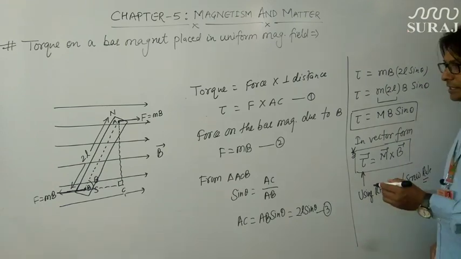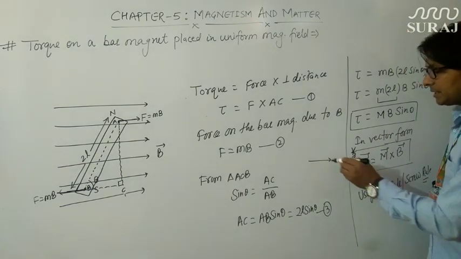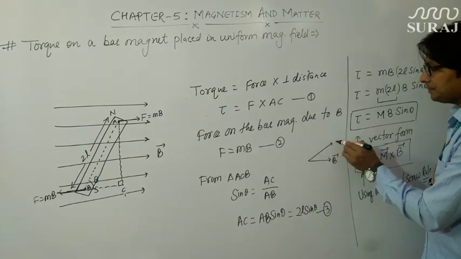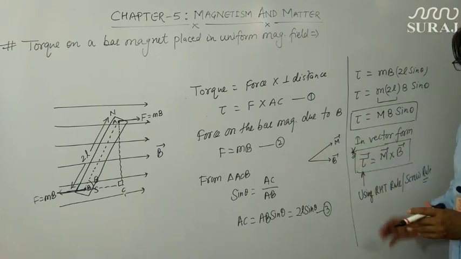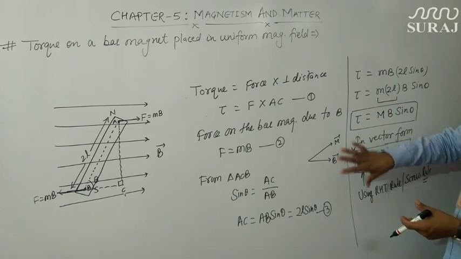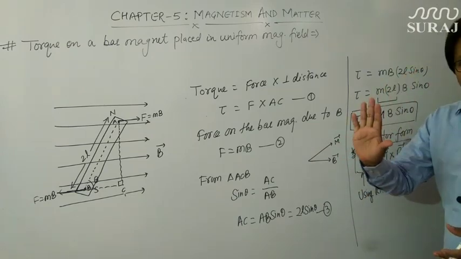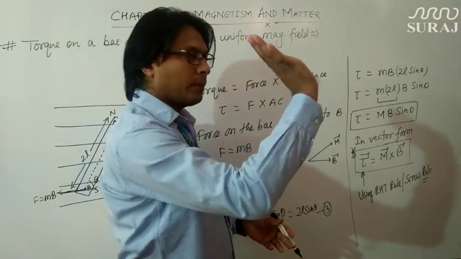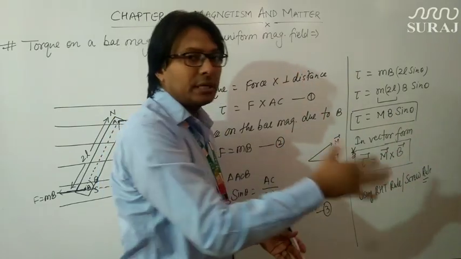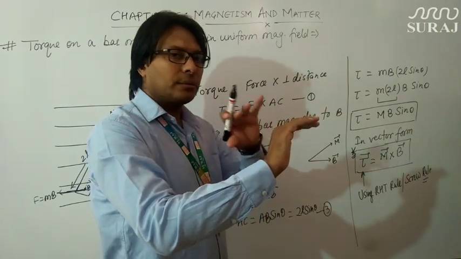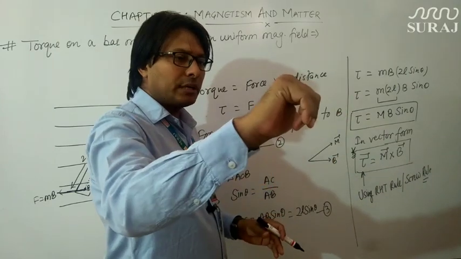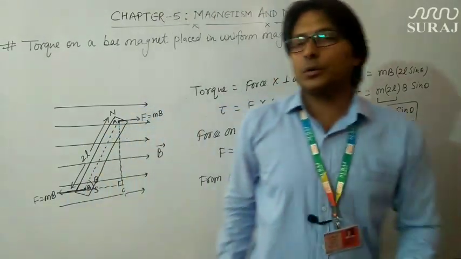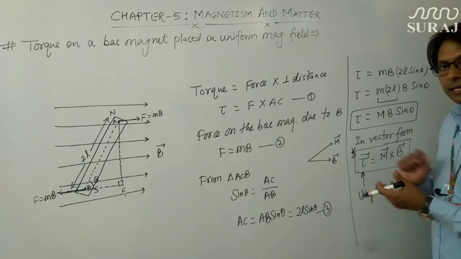Suppose the direction of M vector is in this direction, and B vector in this direction. Using the right hand thumb rule, you will bend the fingers from M to B, since it is M cross B, and the thumb will give the direction of torque. So the direction of torque will be perpendicular to the plane containing M vector and B vector.